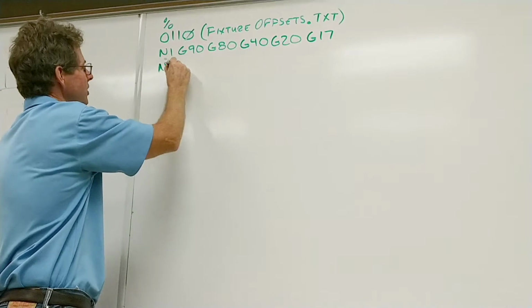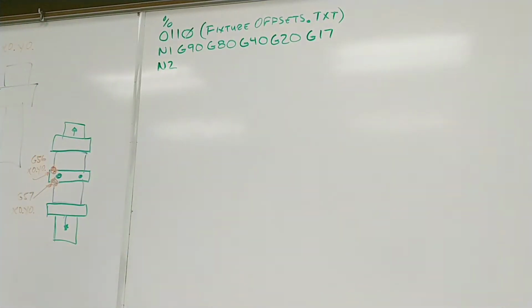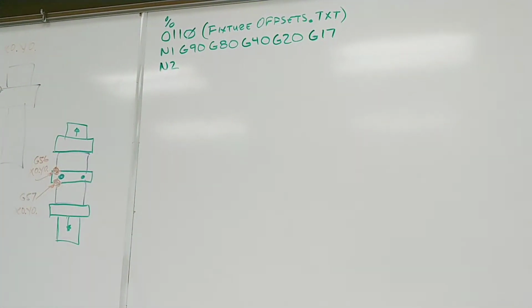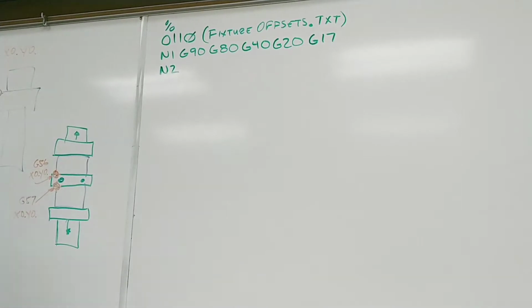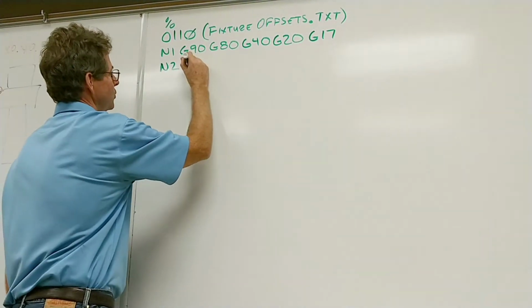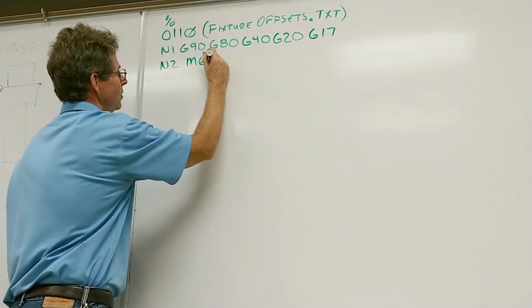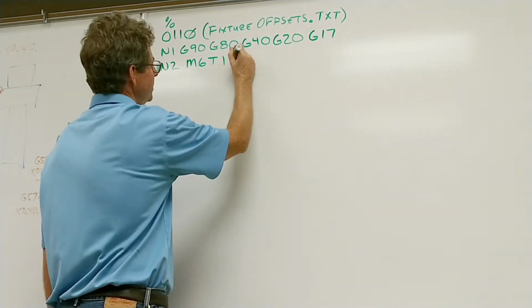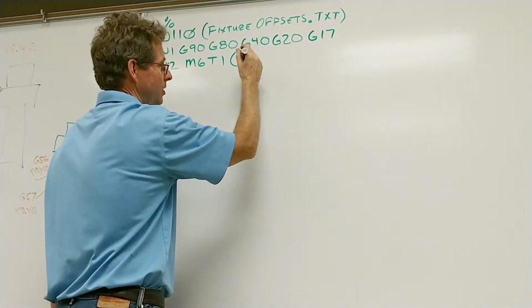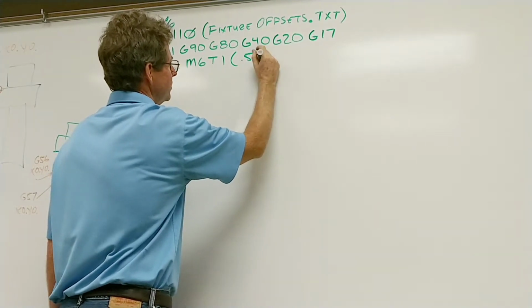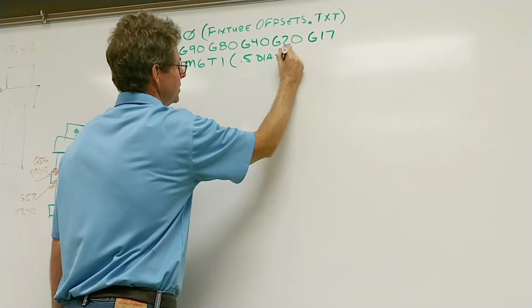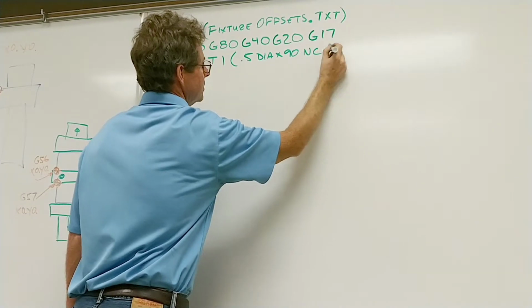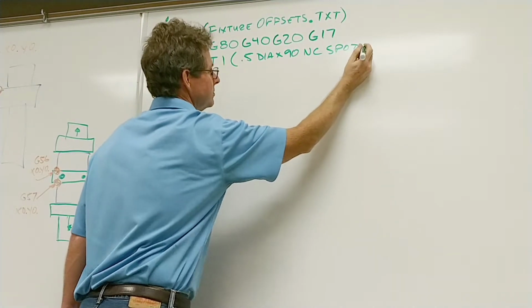The next thing you see in an NC program typically, one of the very first things people will do, is change a tool. And I would always recommend this. You always want to make sure you get the tool you want in the spindle. M6 T1. And then I always put a comment, whatever my tool is. If it's a 0.5 diameter by 90 NC spot drill.